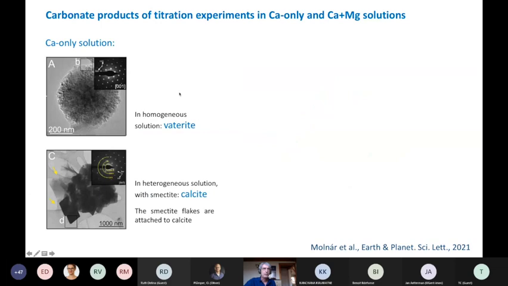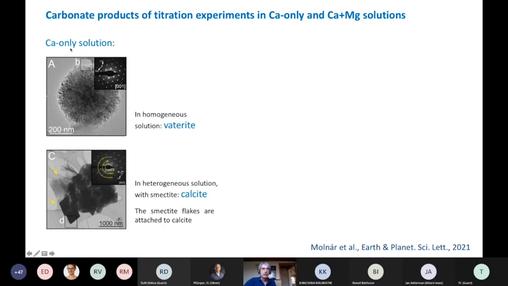Because if we have a homogeneous solution, first we have ACC, amorphous calcium carbonate, but that's hard to catch. And the first phase that could produce a diffraction pattern in our system is the calcium carbonate polymorph called vaterite. On the other hand, if you have smectite flakes in the solution, then immediately you jump to calcite. So somehow the smectite flakes make calcite.